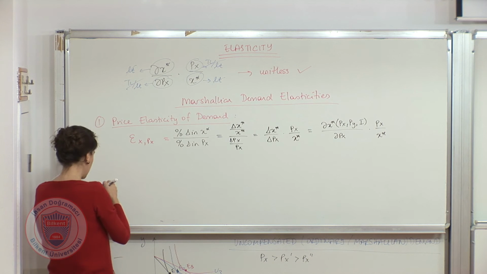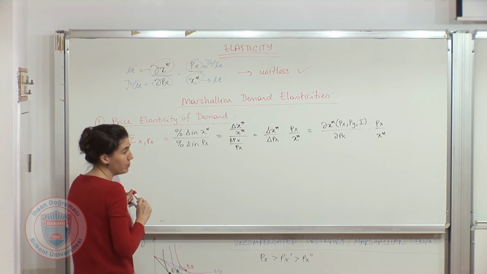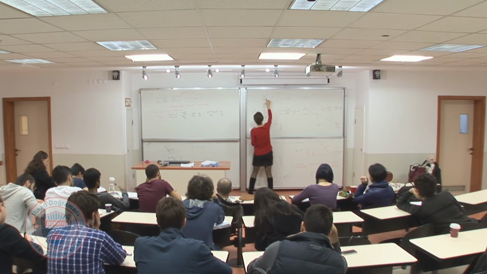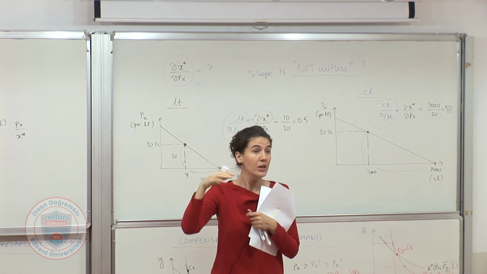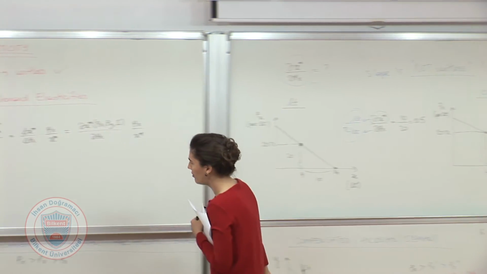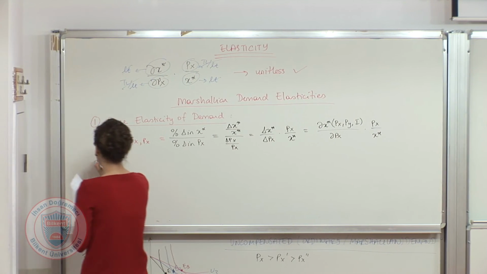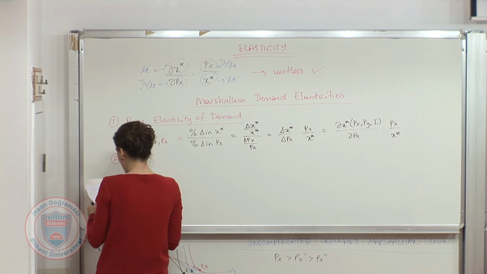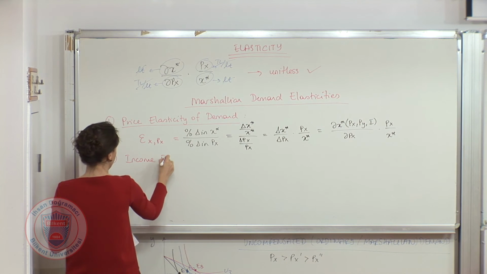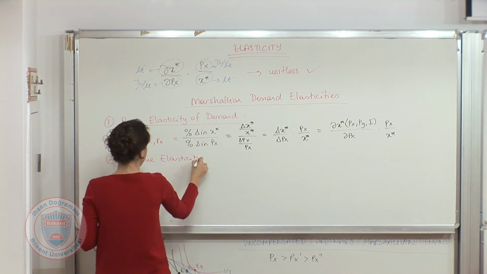Now, there is another one. People were not only curious about how x star would change when px changes. They were curious about how x star would change when income changes, okay? They would call it income elasticity of demand.